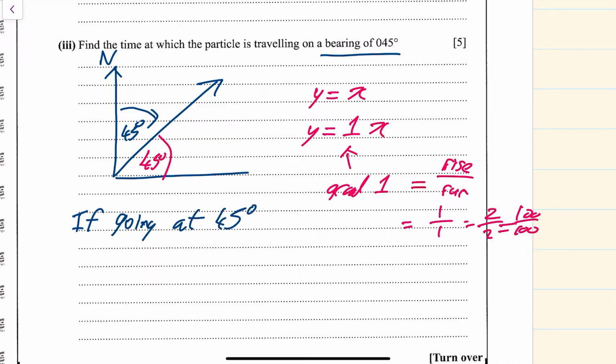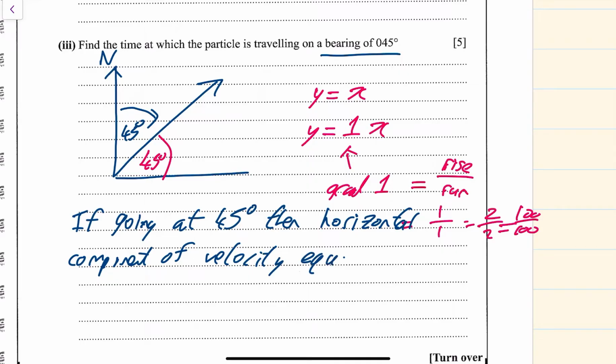at 45 degrees, then the horizontal component of the velocity equals the vertical component of velocity.